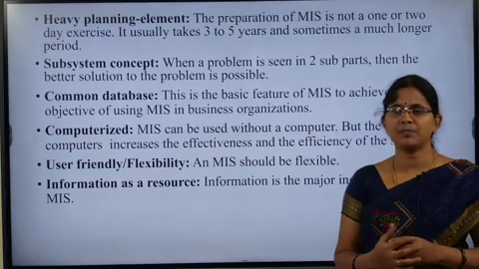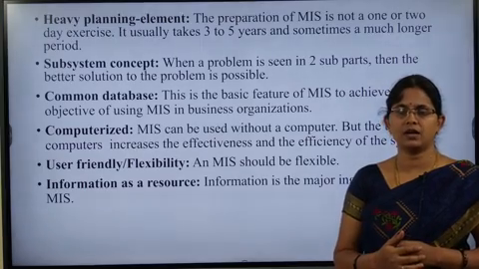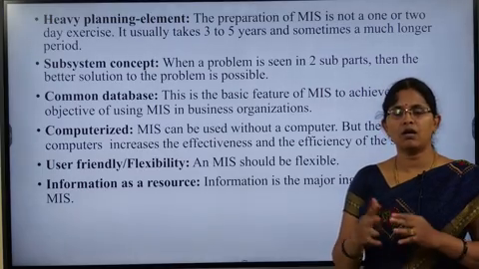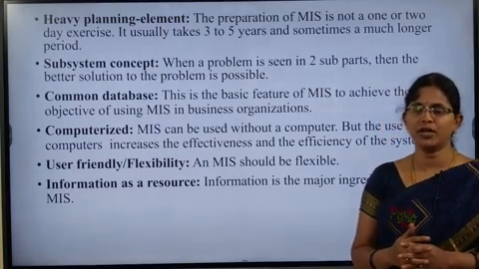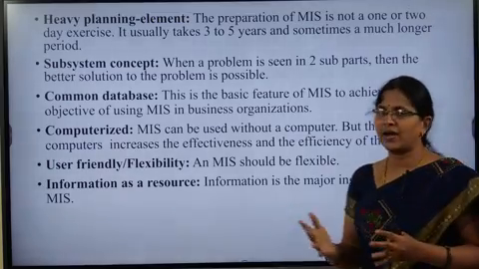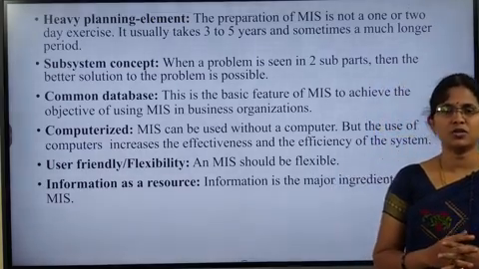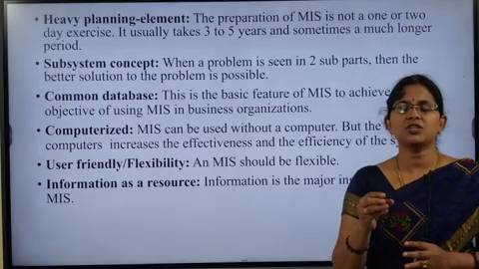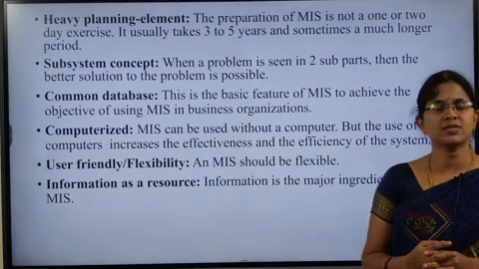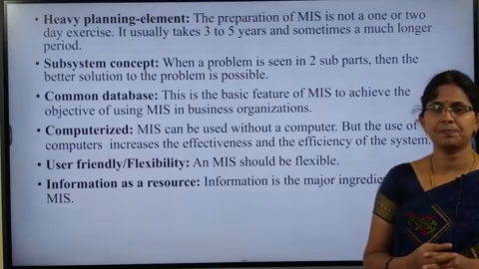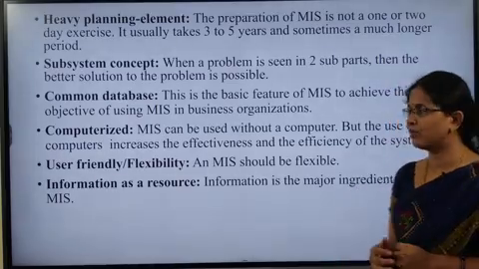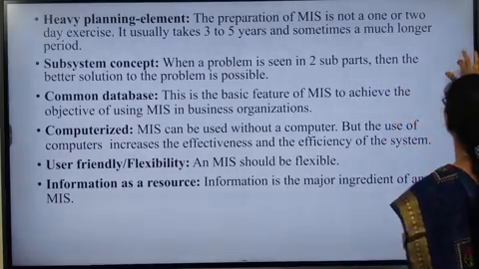You can add data, delete data, and incorporate data. All those actions can be performed in MIS. And information as a resource. For any information technology, information is the main ingredient. Without information, there is no survival for the information system. So these are all the characteristics of management information systems.